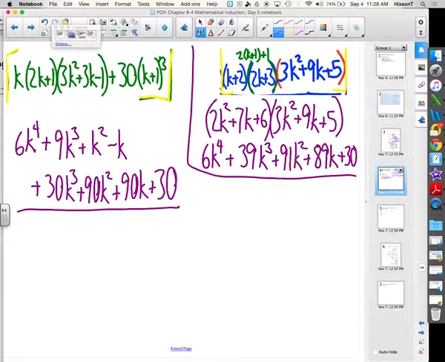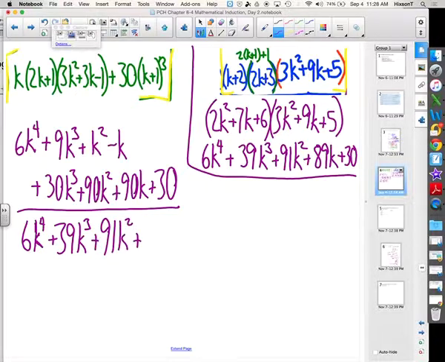Alright, so now we have 6k to the fourth plus 39k cubed plus 91k squared plus 89k plus 30, which just happens to be the same thing as that.